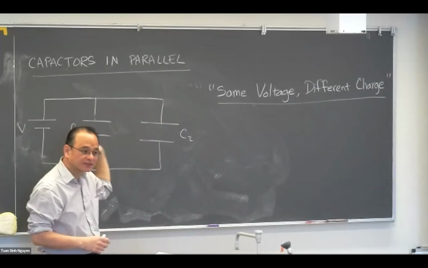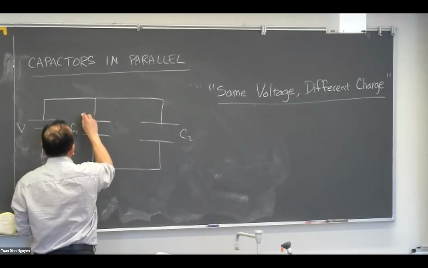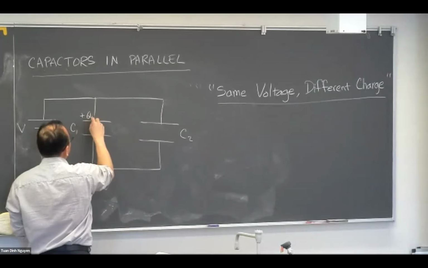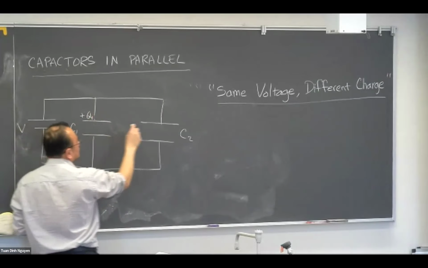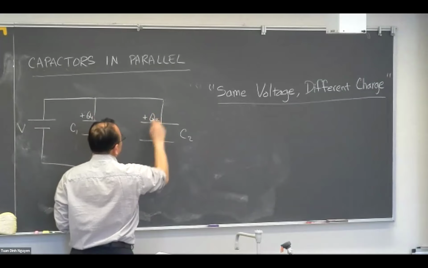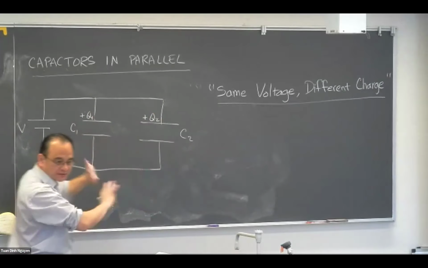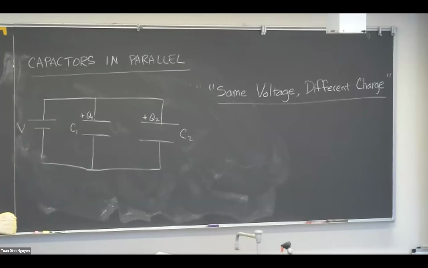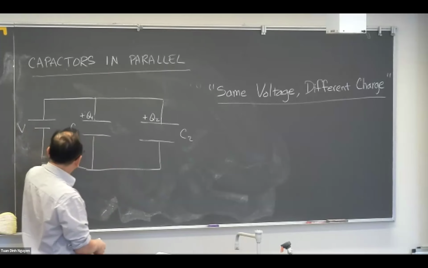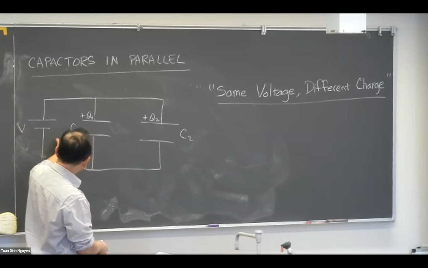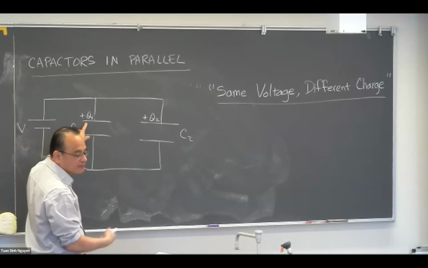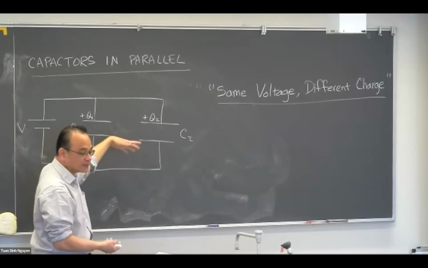Remember, they're seeing the same voltage. So this one will have plus Q1 accumulate on this plate and plus Q2 on the other side. Now I'm going to ignore the minus charges and imagine it's the positive Q. Once you know Q, you know the other side is minus Q. Because this one has lower capacitance, it's not going to have as much charge.